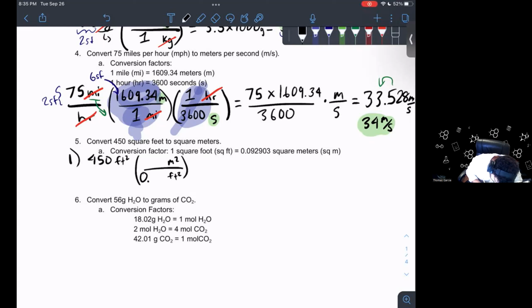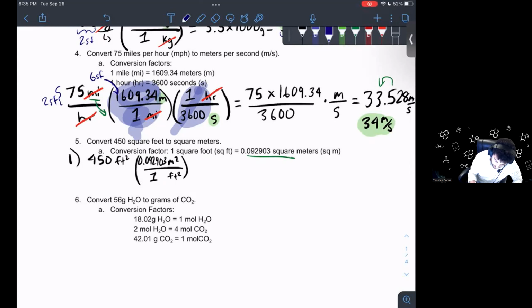And we're going to say this is 0.0929903. And on top we have, oh, my mistake. See, even I make mistakes. In this one, the number goes with meters. So we're going to say 0.092903 square meters is the same as 1 square foot.